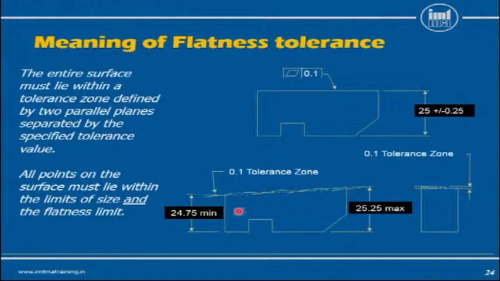Now, if I have a part like this shown here, on one side the dimension is towards the lower limit, 24.75, on the other side the dimension is towards the upper limit, 25.25. Now, if I ask you a question, is this an acceptable part? What would be the answer? Is this part acceptable as per the given drawing, or is this a valid part?